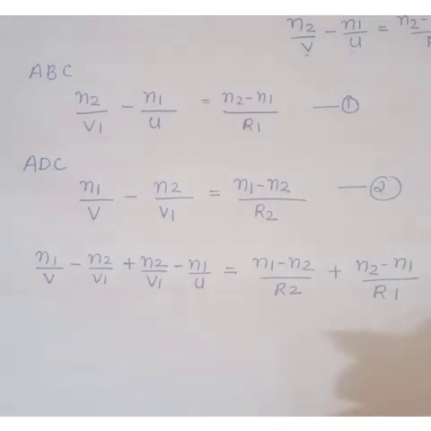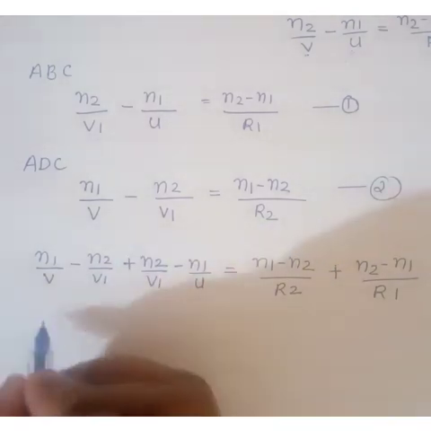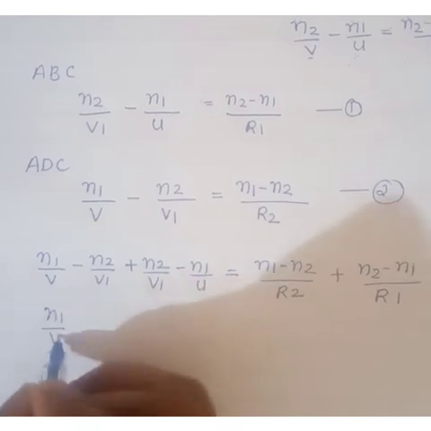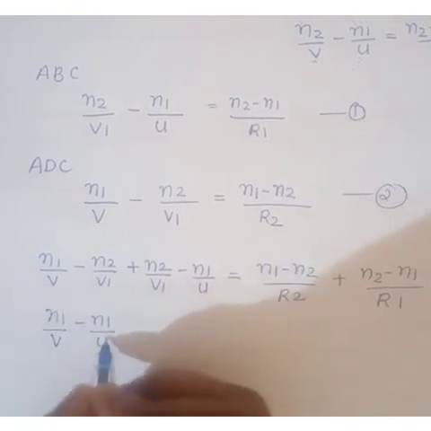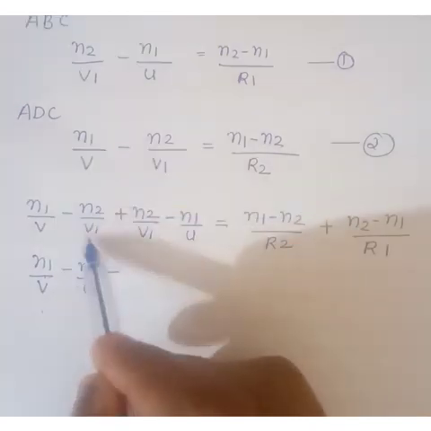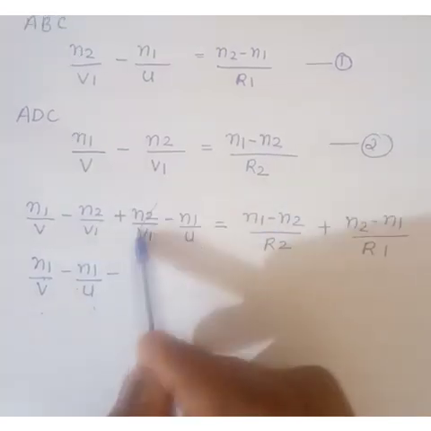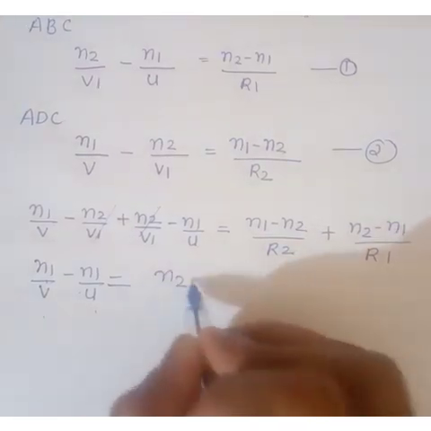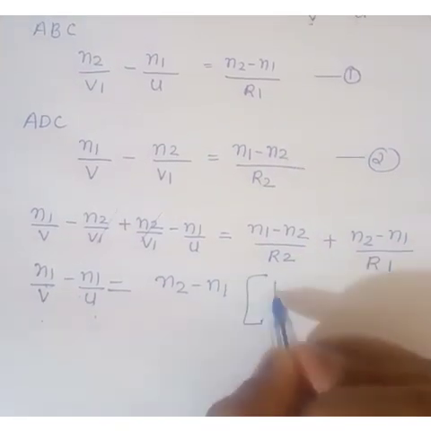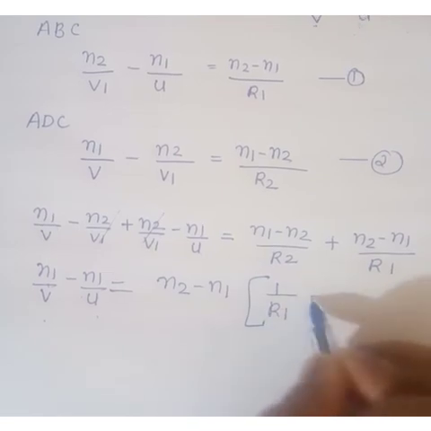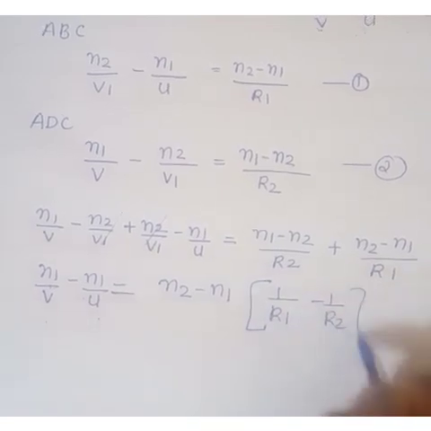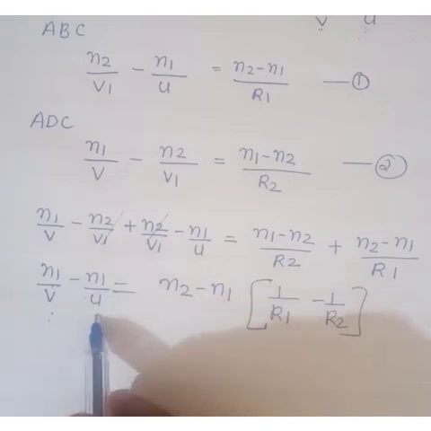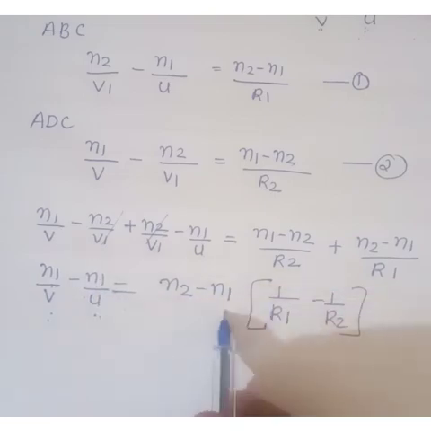Here N1 by V minus N1 by U, and minus N2 by V1 plus N2 by V1 is cancelled, which is equal to N2 minus N1 times (1 by R1 minus 1 by R2). Is it correct?